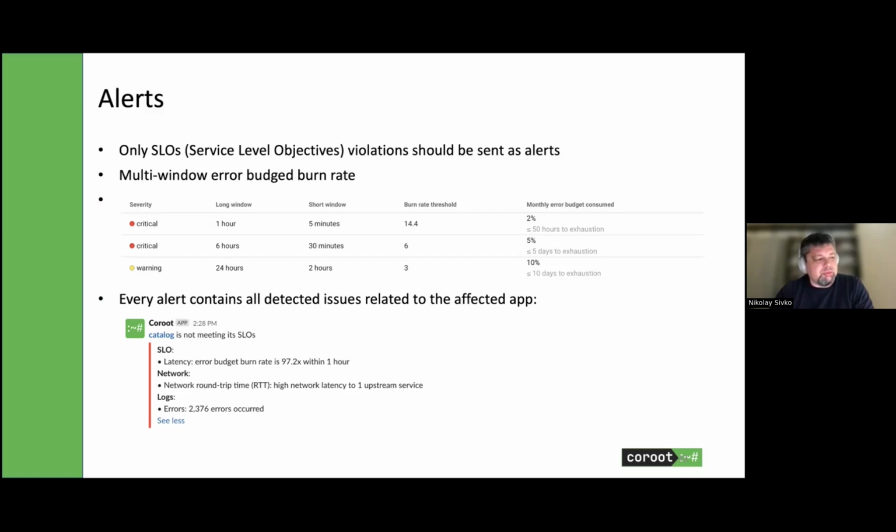We can alert into many notification systems, and since we know a lot about each application, we can easily attach all our findings to the alert. So you don't need to be notified about high node CPU usage. You will have everything related to this particular app in one alert.